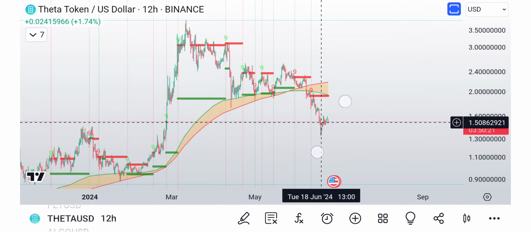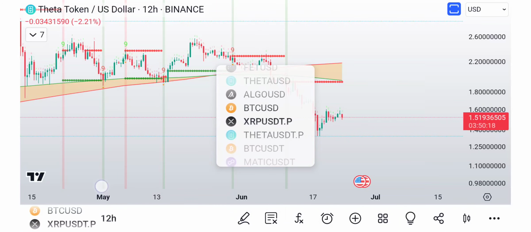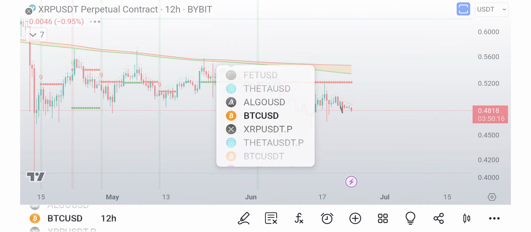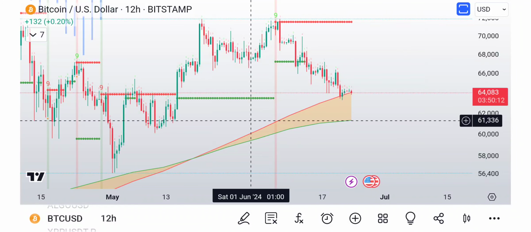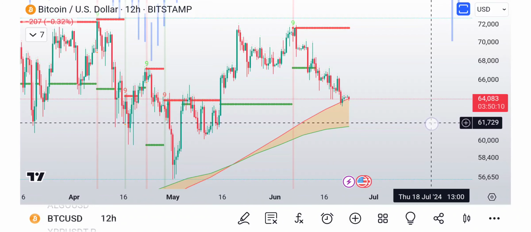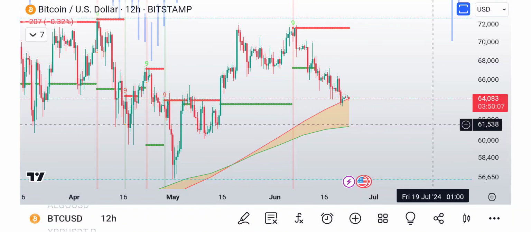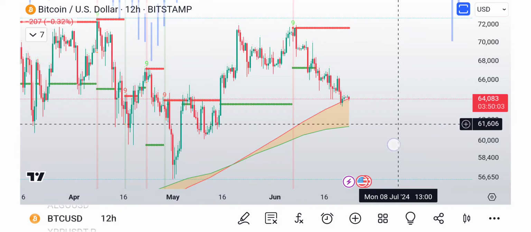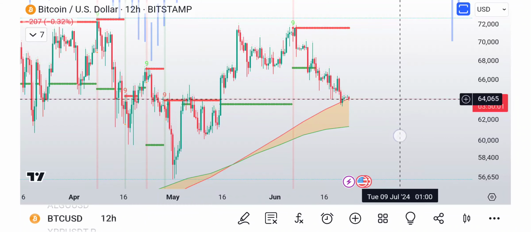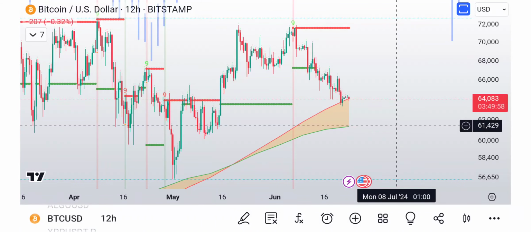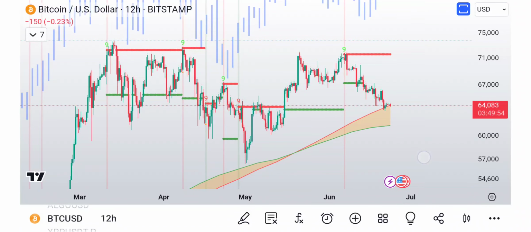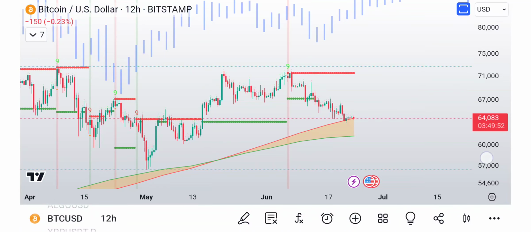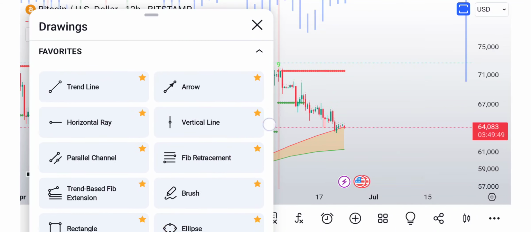The only way I can see that happening is if Bitcoin blows right below the bull market support band, crushing below 61K. If we start breaking below 62, 61K, and theta comes down for another low, but it keeps pushing lower, then obviously we're going to have to reevaluate that situation, because it's really going to rest on Bitcoin's hands here.